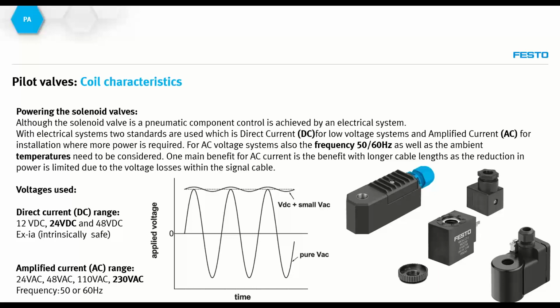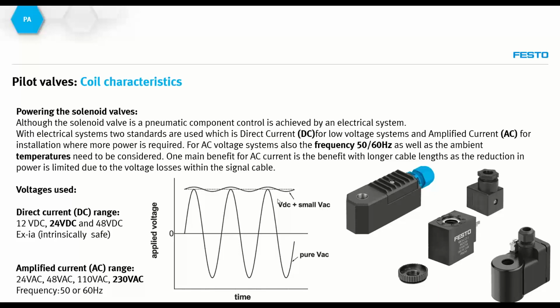If you look at the graph just down below, there's a pure AC curve where there's a fully plus and fully minus in the voltage we see. Another current many times used is the direct current. You see this at the top, where one of the supply lines is always positive.